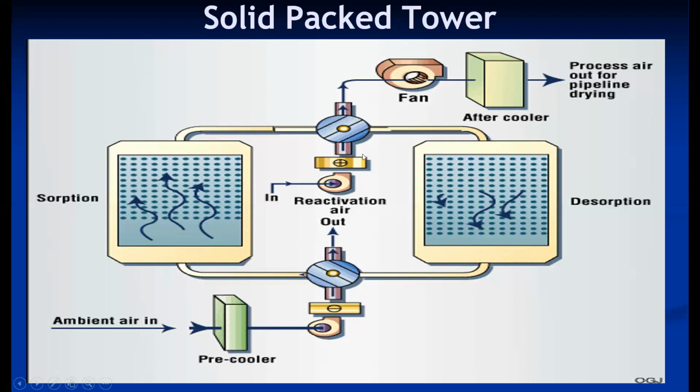And the reactivation air, alternately with the help of this valve, these chambers are used alternately. So in the first cycle, if it is used for sorption process, in the next cycle the same chamber is used for the desorption process. So this happens alternately. This is called a solid pack tower. Again, this is a dehumidifier.